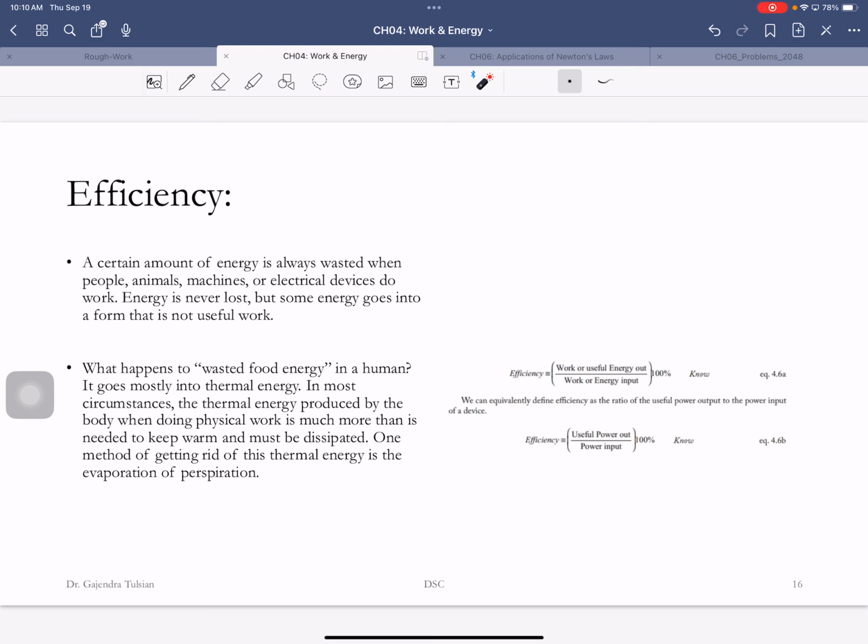So when you're cycling and you spent 100 joules of chemical energy, you got 20 joules in cycling. What happened to the other 80 joules? Heat in the body. It was wasted energy.